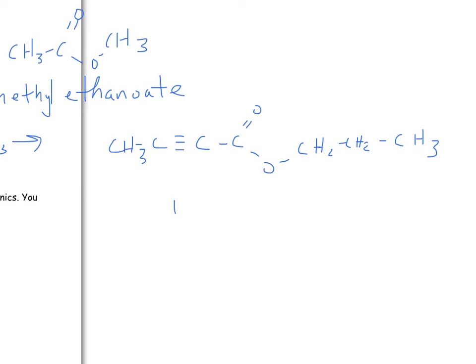This will give me propyl but-2-enoate as my larger organic and water as my second product.